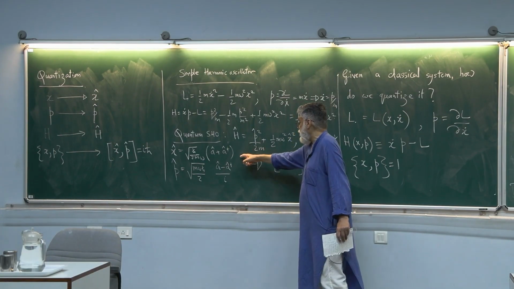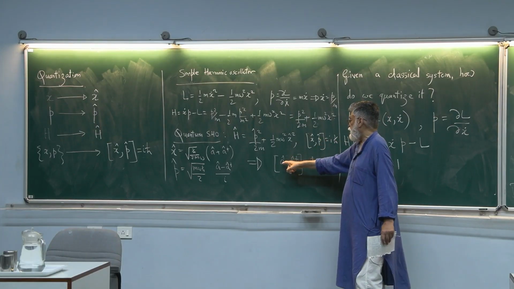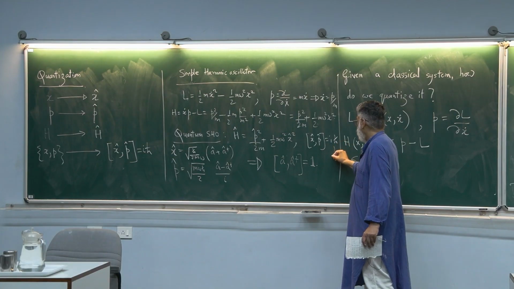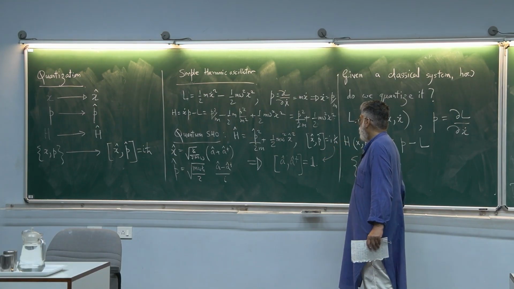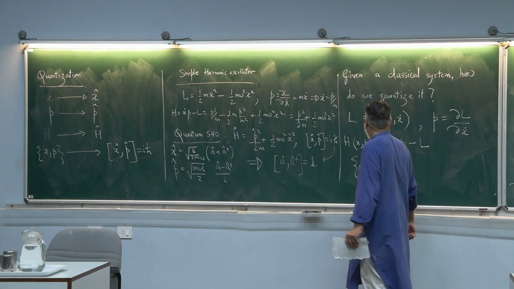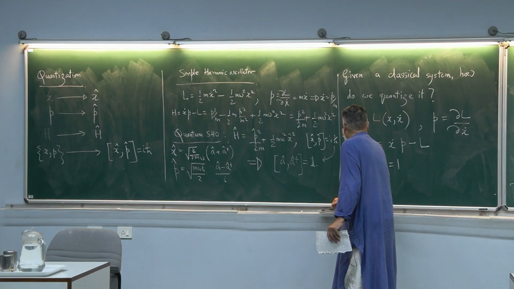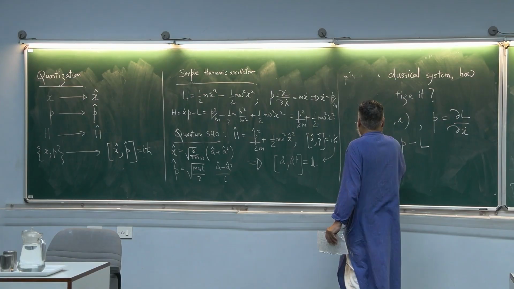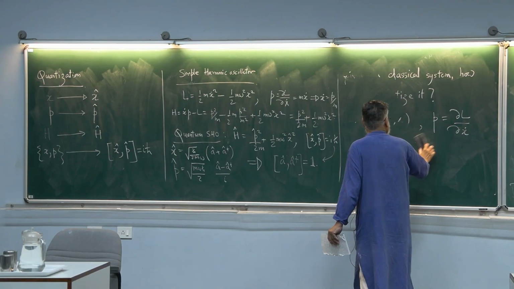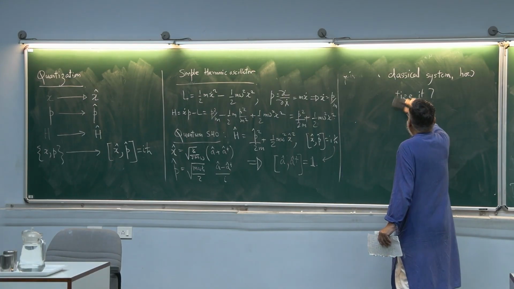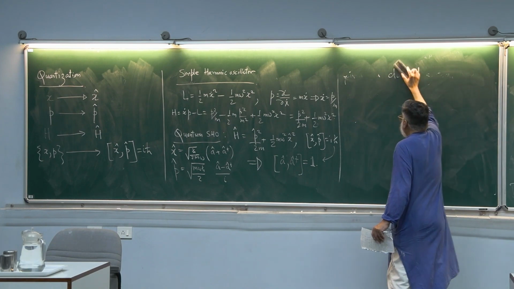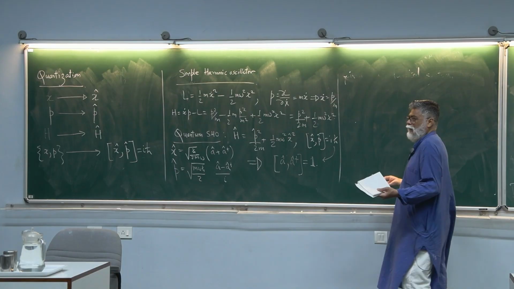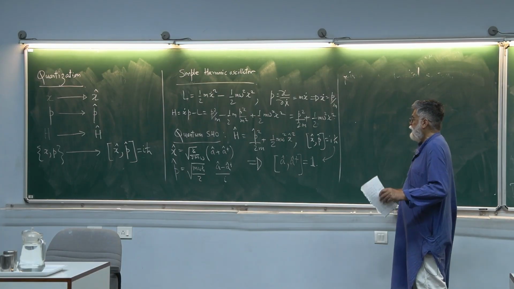Just substitute this here, you will find that A and A dagger must satisfy the commutator relation. Now, I will not go through Dirac's argument. You can show it comes from, before that I must write down.